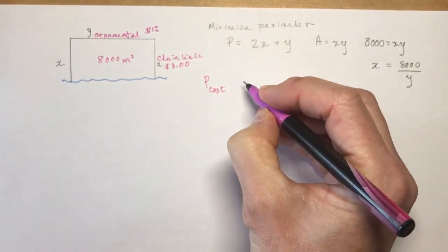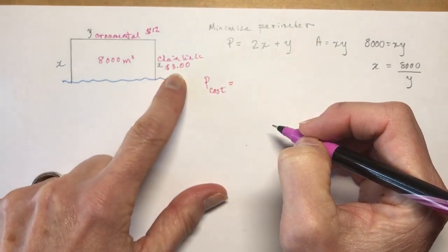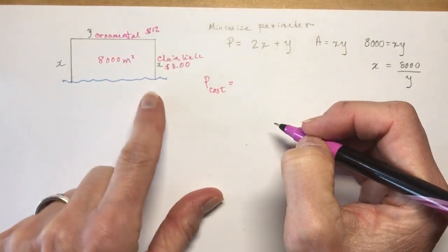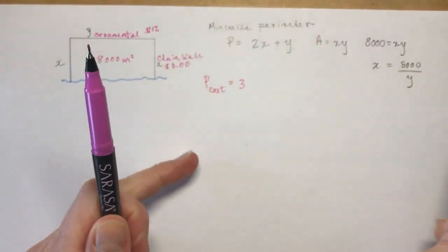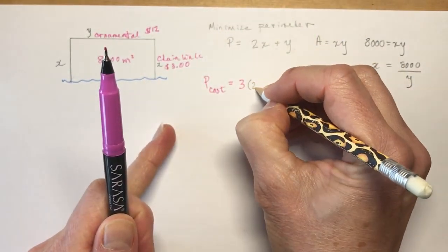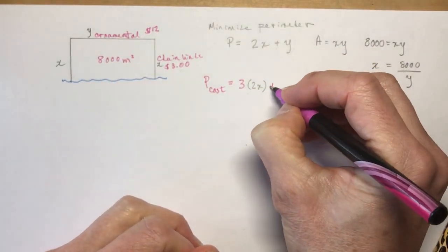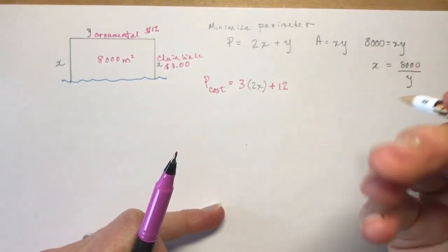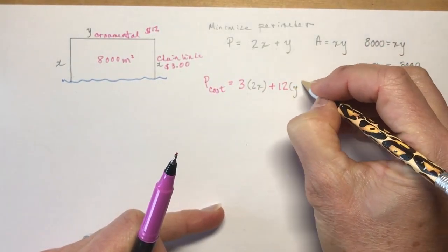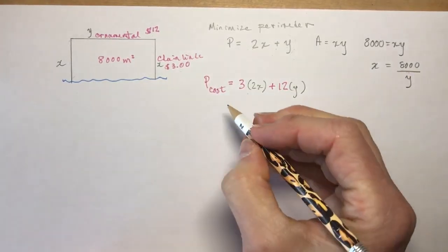So this is great, but it's not going to help with my calculation because I need to put in this $3 and $12. So I have 3 times 2x, right? This is the cost for the chain link. And I have 12 times the ornamental, which is just 1y. Okay, so let's work with that, and then we're going to substitute this in.